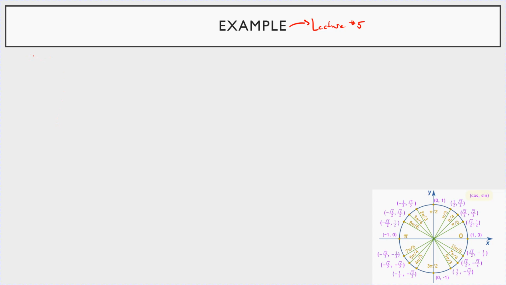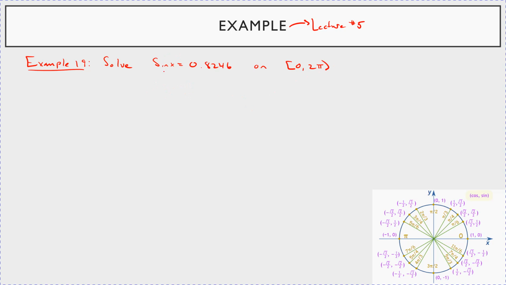So we're on example number 19 here. You're going to solve sine of x is equal to 0.8246, and we're going to solve on 0 to 2 pi. Here's what you're going to do.